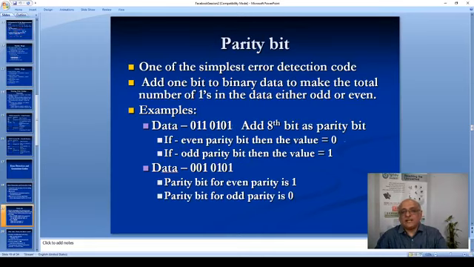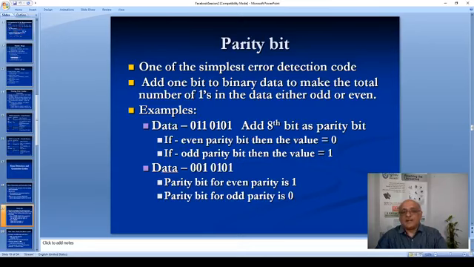In 8-bit data, including the parity bit, we have everything as 1. Now, if I want an odd parity bit, there are 4 ones, so by adding 1, I will have an odd number of ones in the data as well as the parity bit. So the parity bit value is going to be 1.